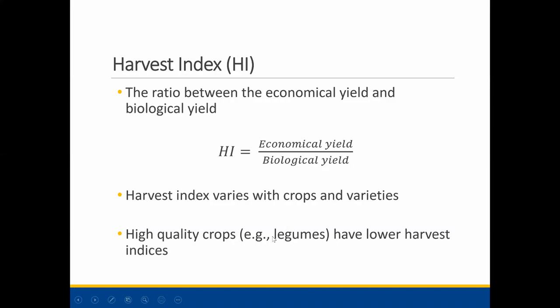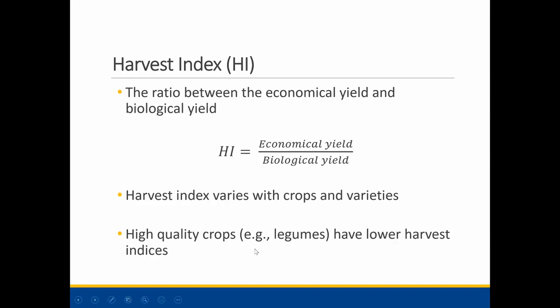Another important thing you should know is that high quality crops like legumes, and we call them high quality because legumes have protein in them, and oilseed crops like groundnut, sesame or sunflower, will have lower harvest index.